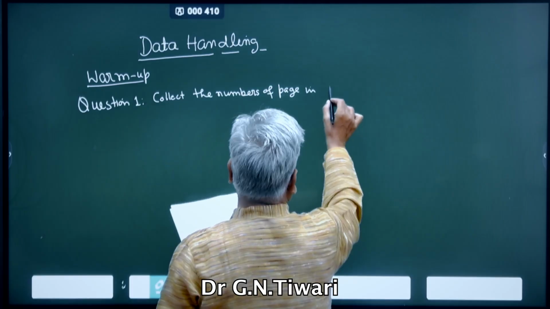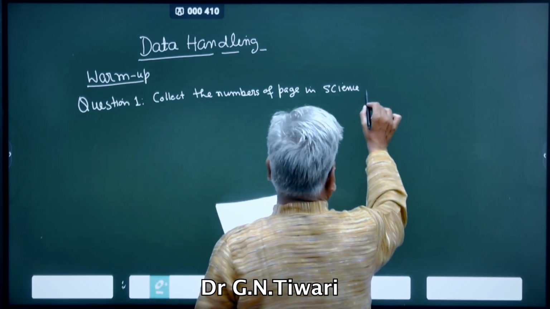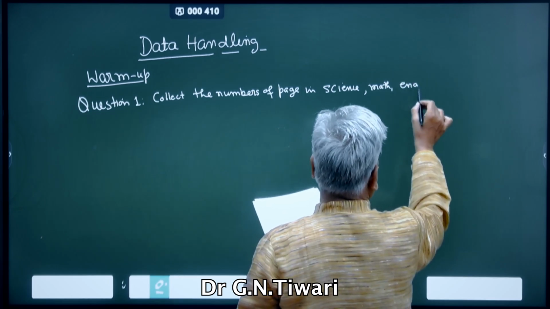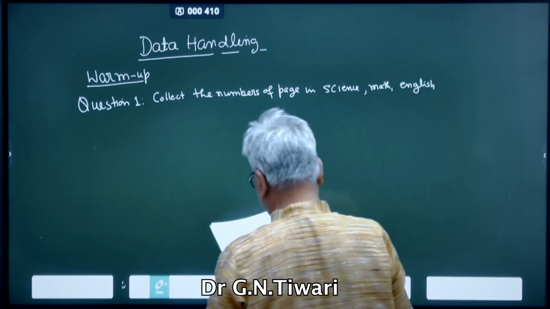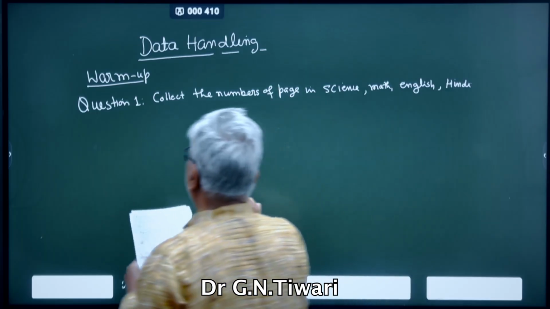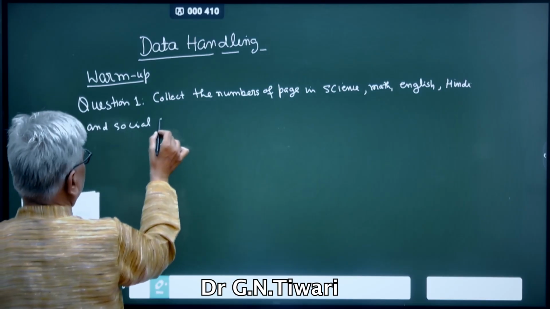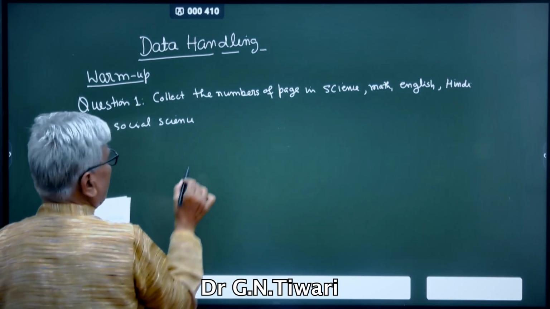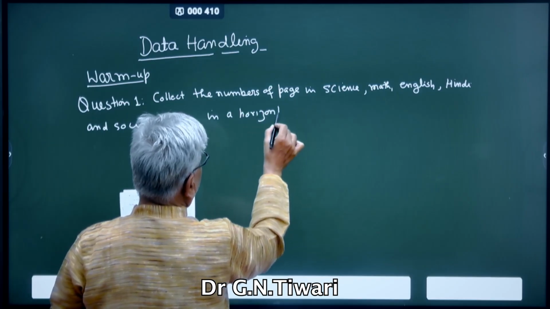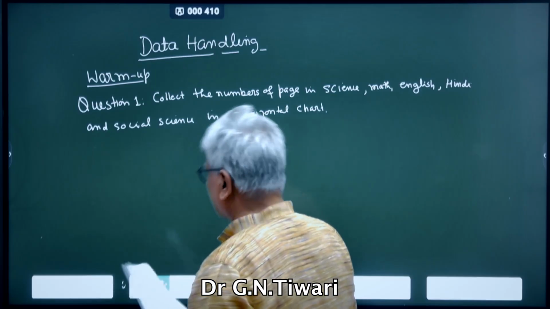in science, sequence should be same, then math, then English, Hindi and social science, in a horizontal chart. अब देखिए ये क्वेश्चन है.